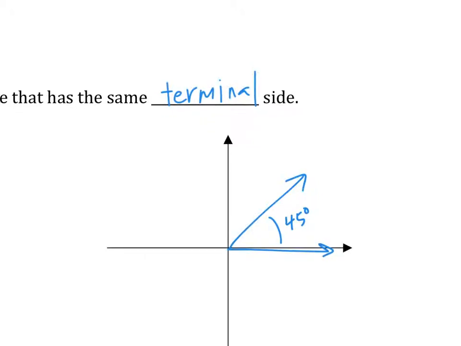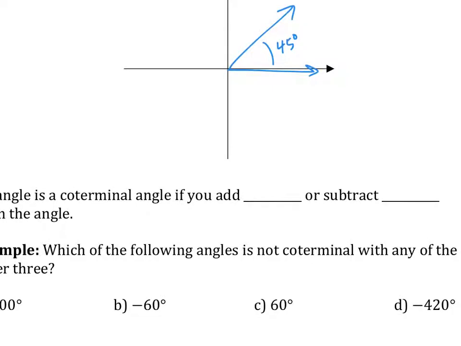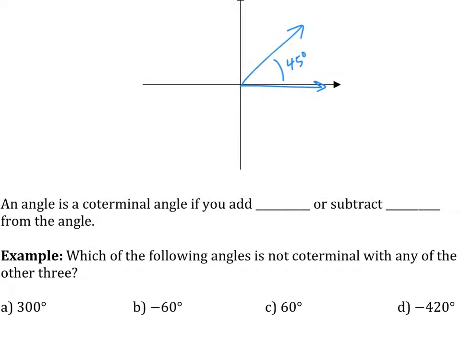Okay, so let's go ahead and write that down. A coterminal angle is the same angle, so if you end on the same side, how do you do that? You add 360 degrees times n, meaning how many times you turn around that circle.